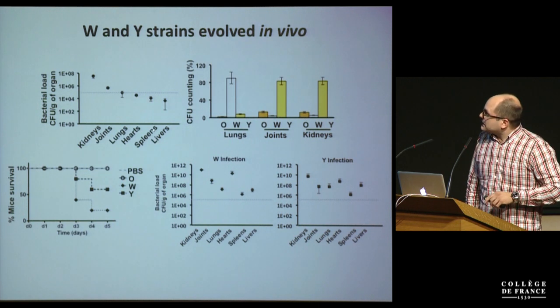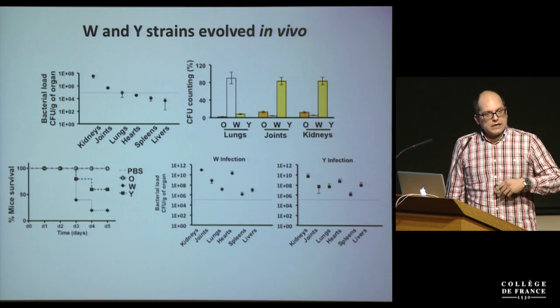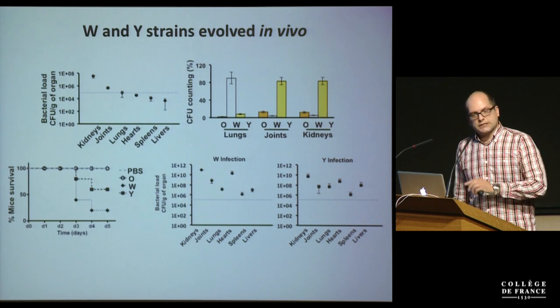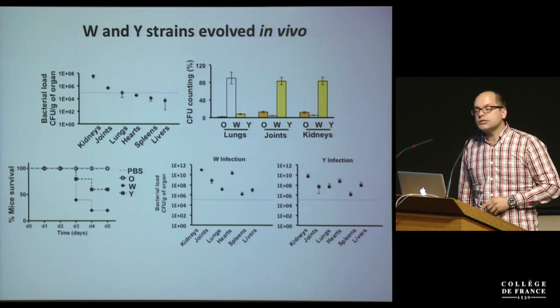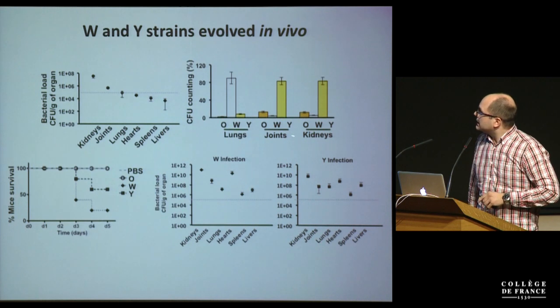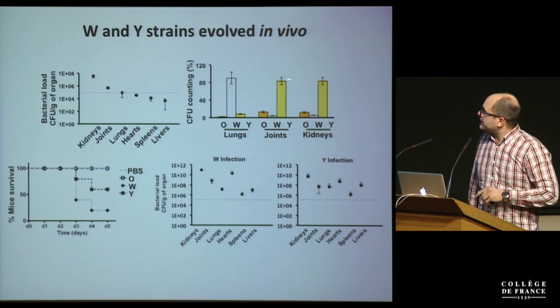Normally, in hearts, spleens, and livers, we have a very low concentration of cells, and all the cells that we recovered from those organs were just origin. We have no differentiation. We have differentiation in lungs, joints, and kidneys. In joints and kidneys, the pattern is very similar.